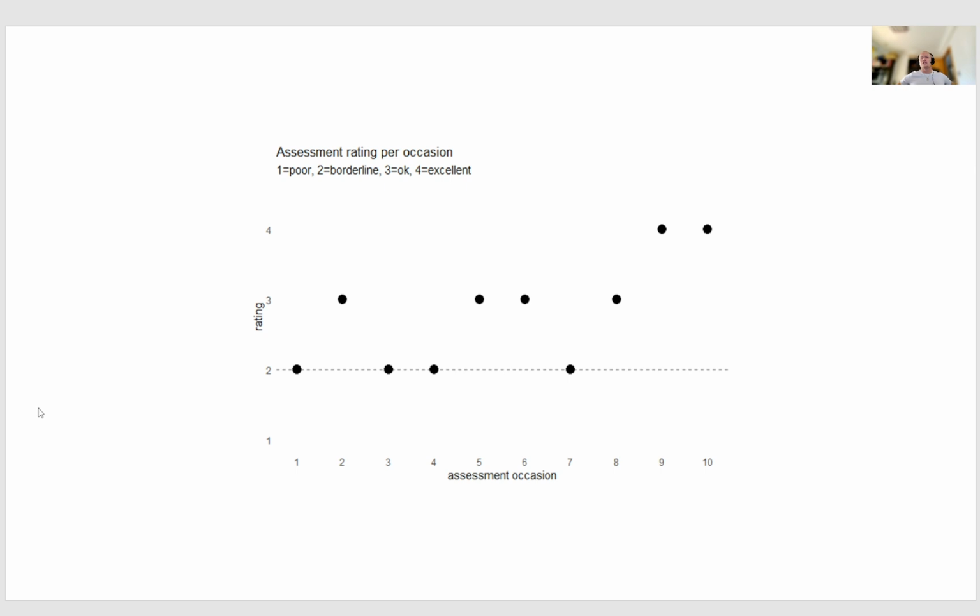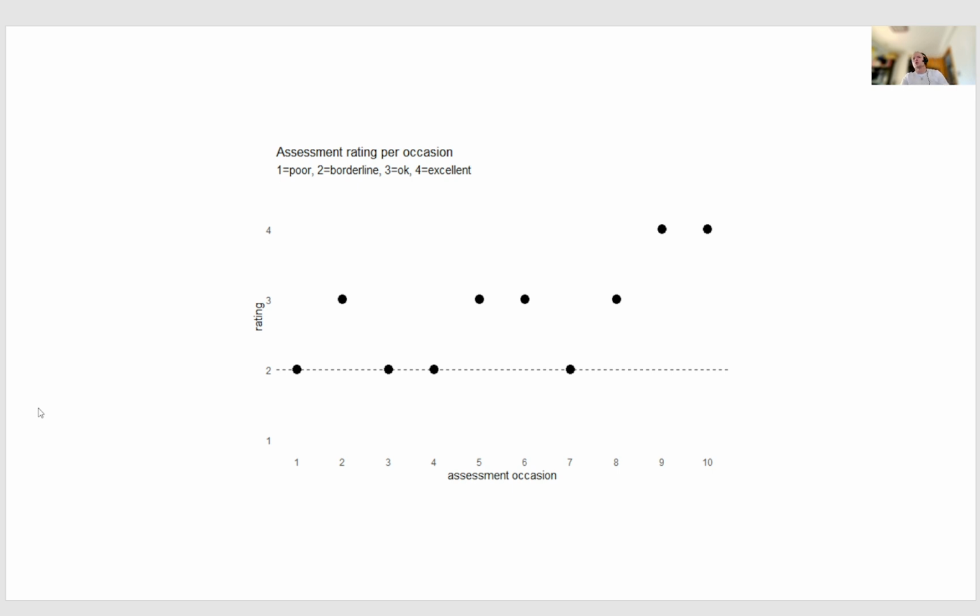This, for example, here is an example of a single case observational design in which a student, let's say a medical student or a nursing student, during a trimester of the study program had weekly simulation trainings, and each simulation training was rated on a number of things, including on an overall scale going from 1 to 4.